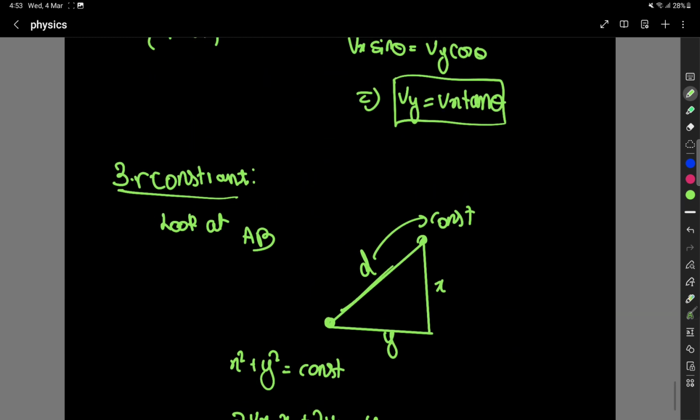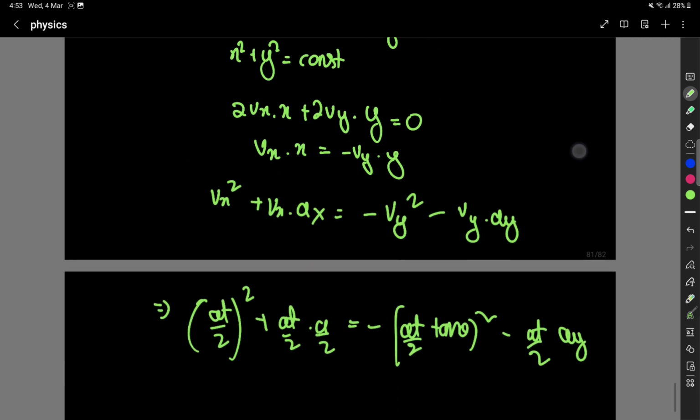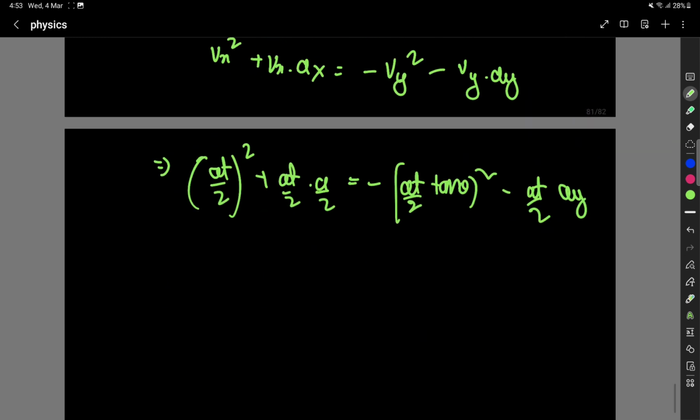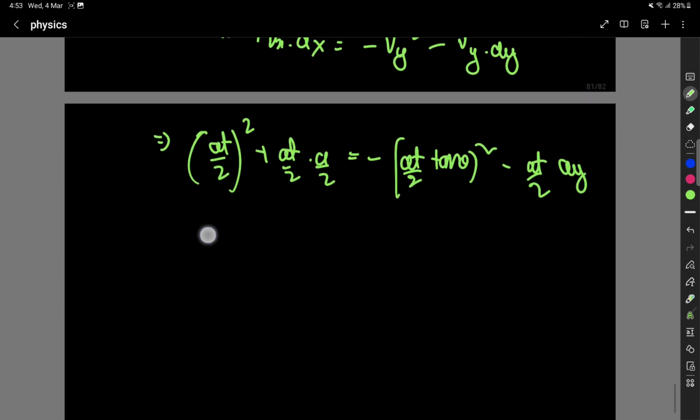This is the important constraint. You could have told that since d is constant, the locus will be that of a circle. From there you can derive it that way also, but I did it like this.